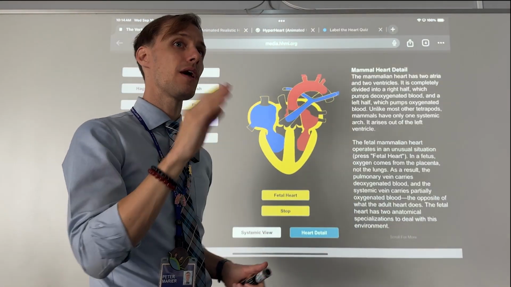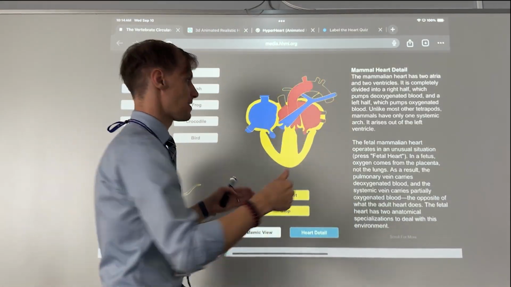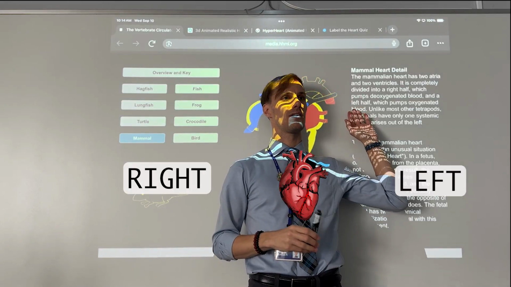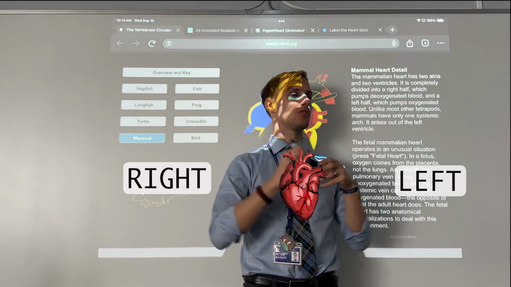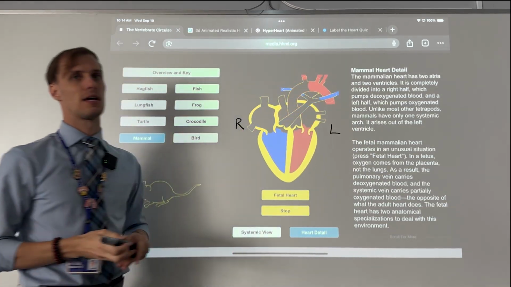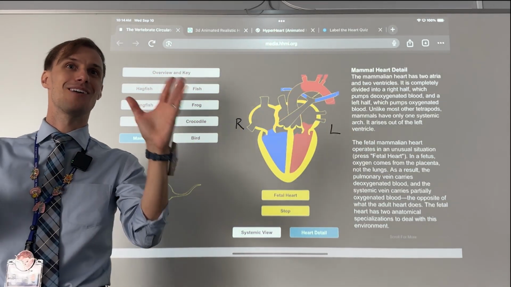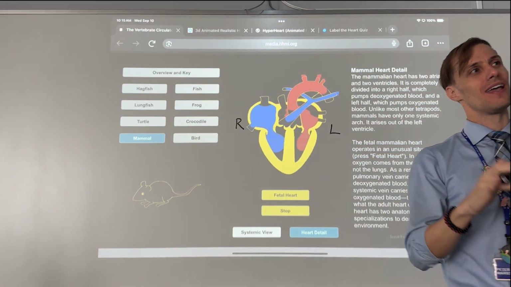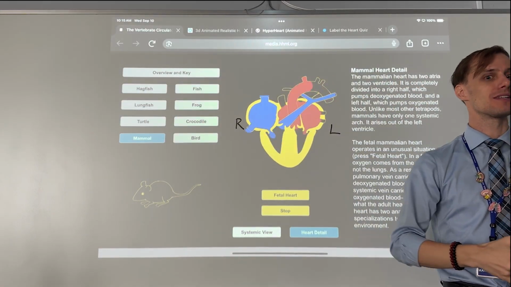No. The way that we label anatomy is as if this is in my body. So this is the left-hand side, and this is the right-hand side. Keep that in the back of your mind because this is a common source of confusion and misunderstandings on tests.